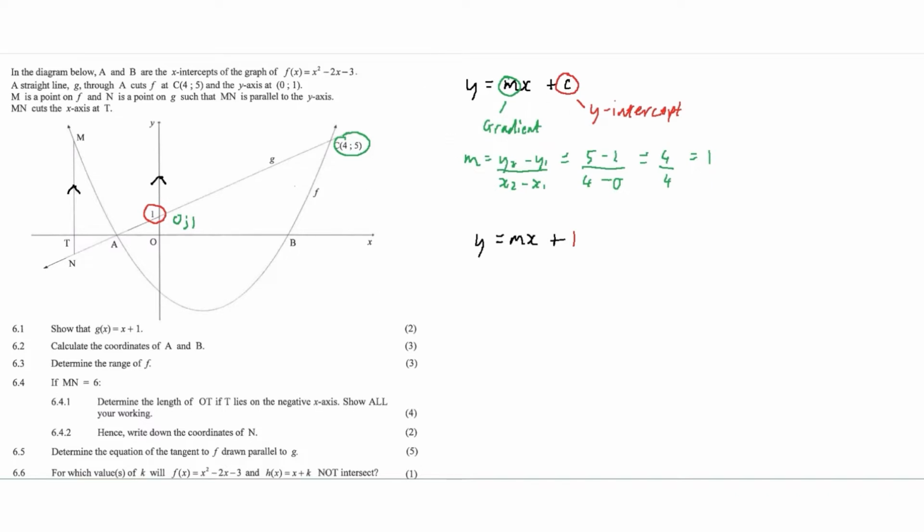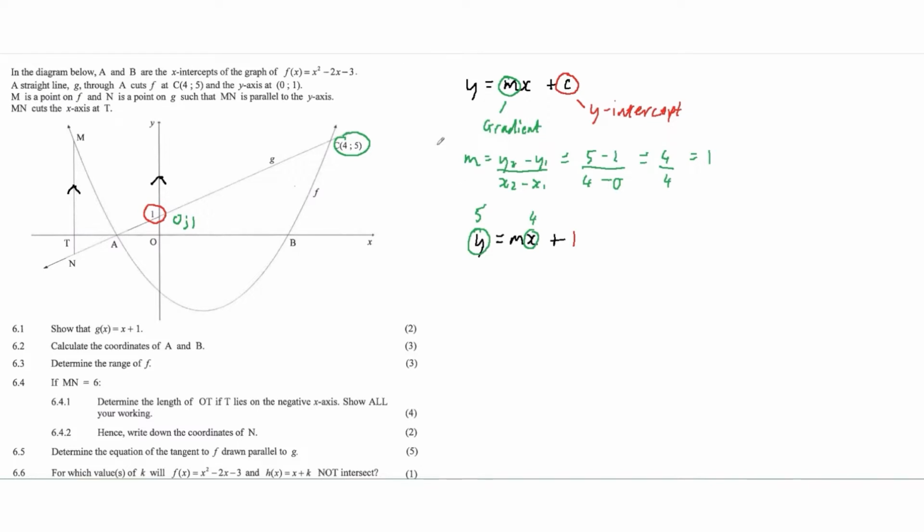Or we can take the x and the y values here that they give us, substitute them into our equation for x and y. So y we can change to 5, x we can change to 4, and then we solve for m.